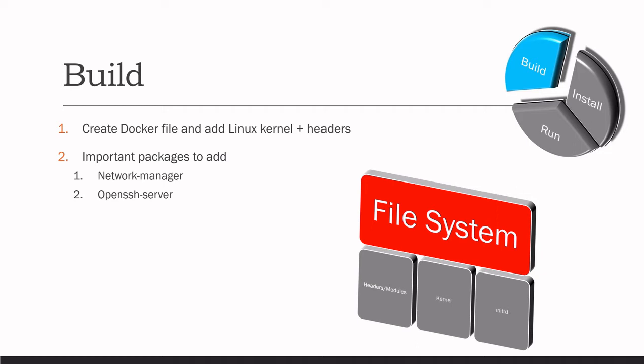I'm just leaving it as command line so that we add only the packages that we really need to keep the image size small and the memory footprint small. But we will add the Network Manager, and we also want to add the OpenSSH server so that when this machine is running, it could be running as a headless machine. We can just SSH into it, see the status of things, or launch applications and so on. So the first part of this is to understand the idea behind building a Linux image from Docker, and that's this idea.